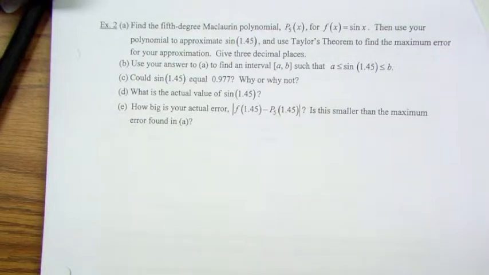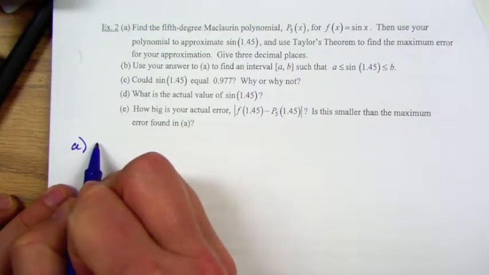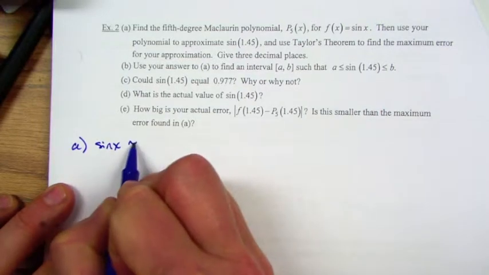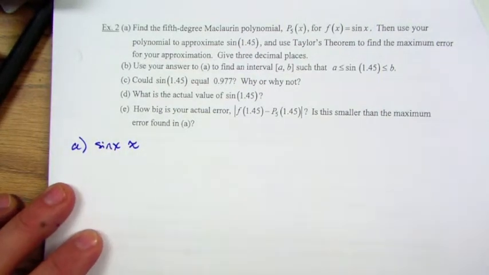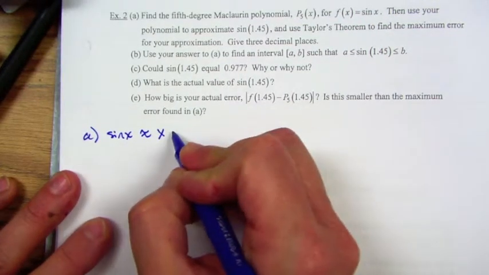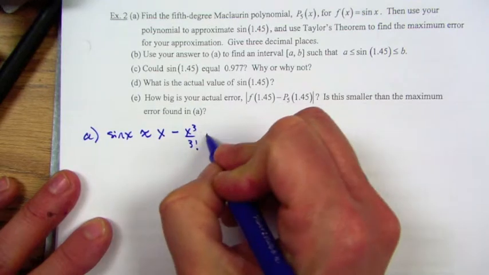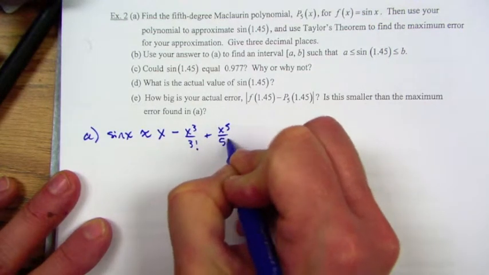Find the fifth degree Taylor polynomial for f of x equals sine of x, and use your polynomial to approximate sine of 1.5 and use Taylor's theorem to find the maximum error for your approximation. Give 3 decimal places. We can all write the fifth degree Taylor polynomial for sine of x, right? It's x minus x cubed over 3 factorial plus x to the 5th over 5 factorial.